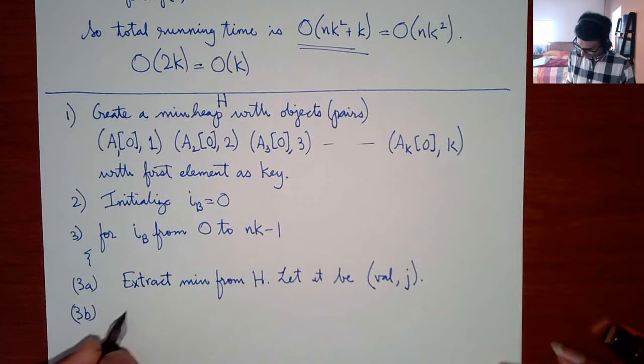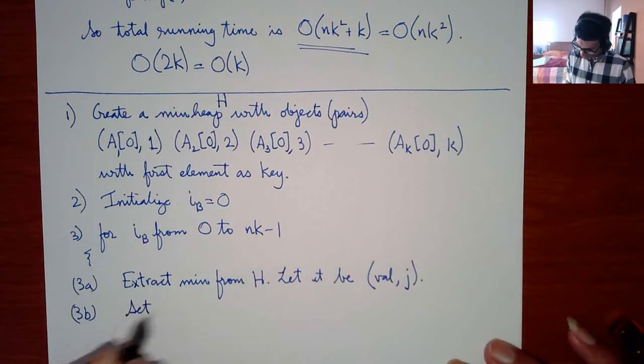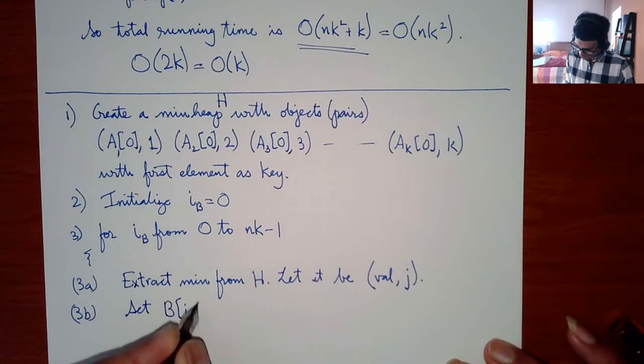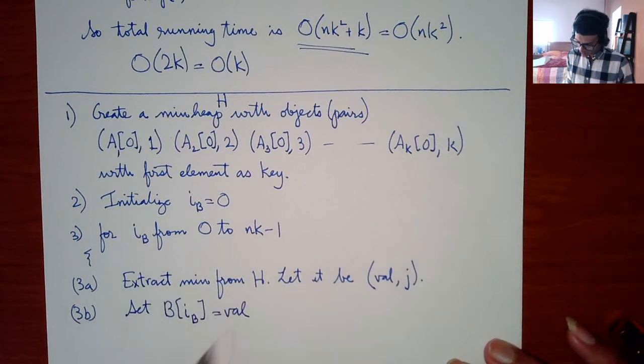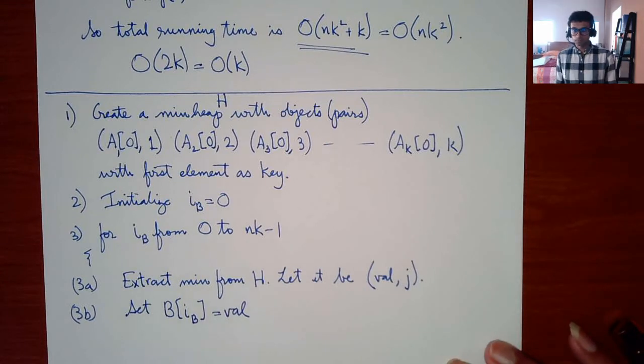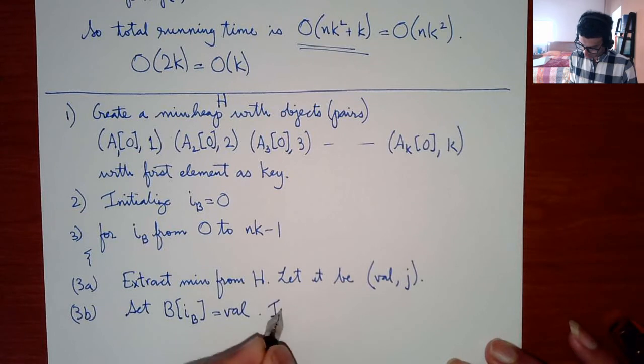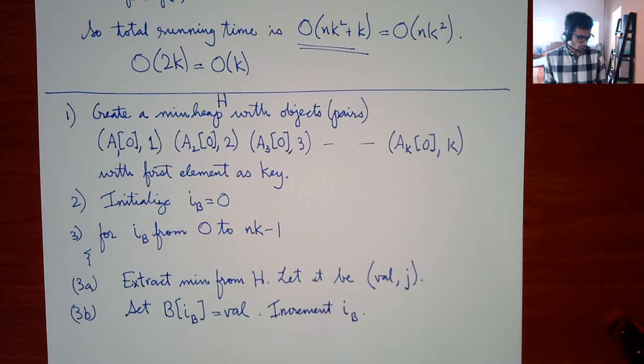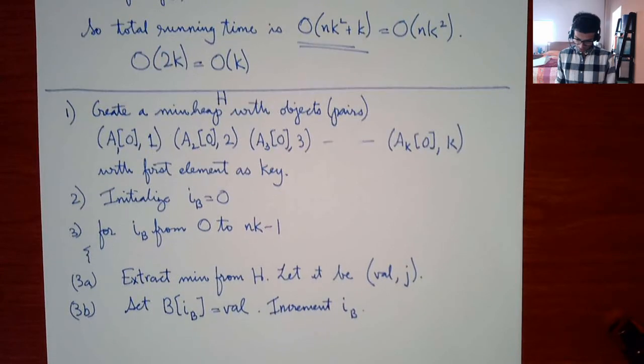3b is to set b of ib equal to val, and I'll also say increment IB. I'll just put it in one line just to save space.